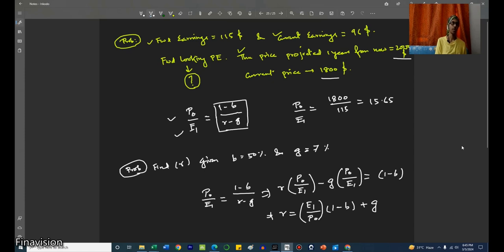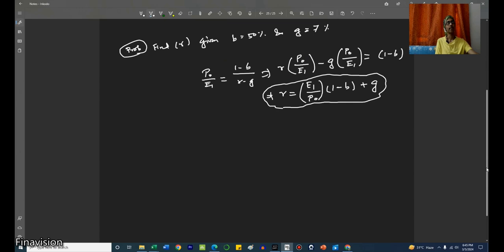We put G into P0 by E1 this side and divided the entire expression by P0 by E1, which was attached to R. This is the expression that we get. We can easily put the values here, guys, and get the answer.